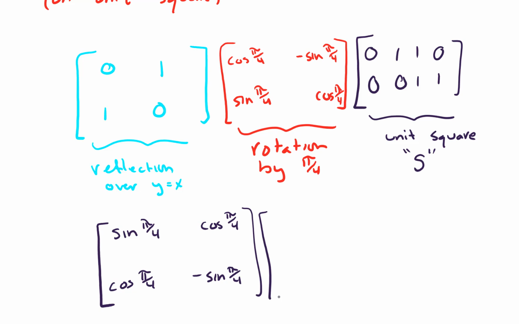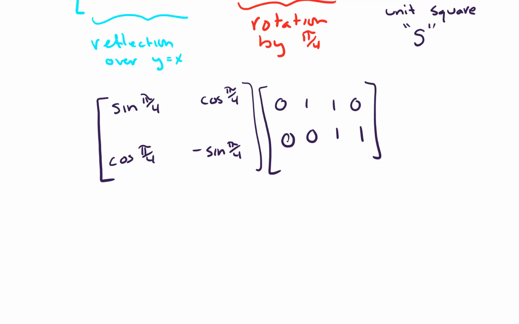And then we multiply that times our unit square. Working through that calculation, the first row times the first column is a 0. First row times second column gives me a root 2 over 2. Continuing on, I get a root 2.